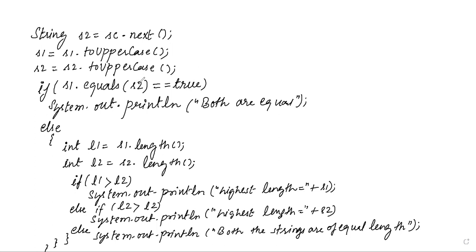If both the strings are not equal, then you have to check with the help of their lengths, and according to the lengths, print the string of the highest length. If they are equal in length, then print both the strings are of equal length.